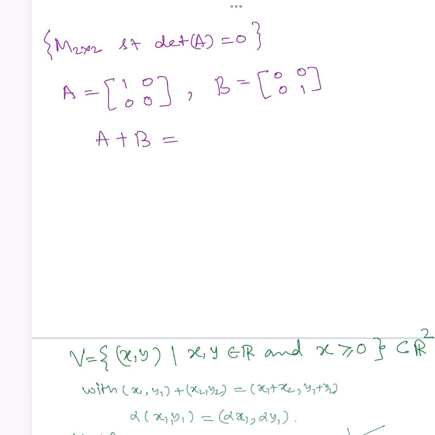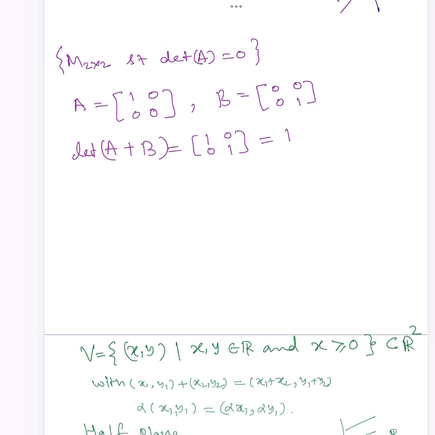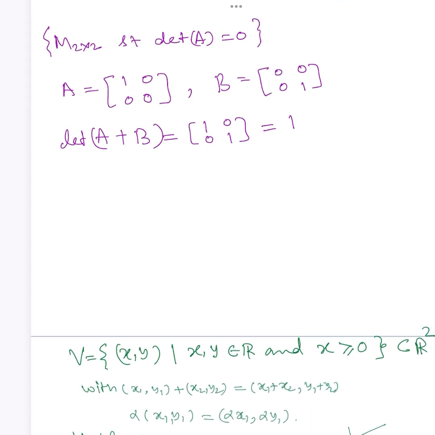A plus B will give you 1 0 0 1, whose determinant is 1. So the determinant of A plus B is not equal to 0, and A plus B will not belong to the set.